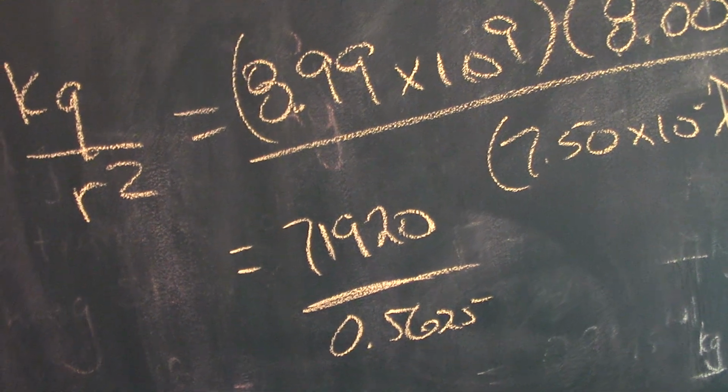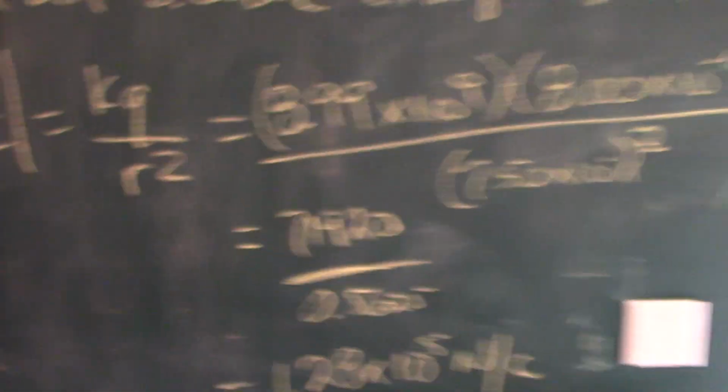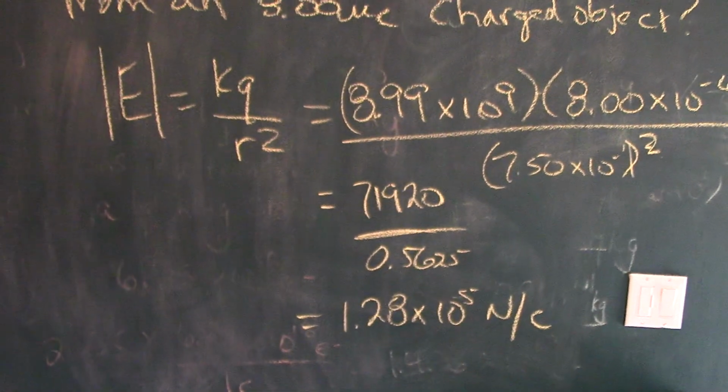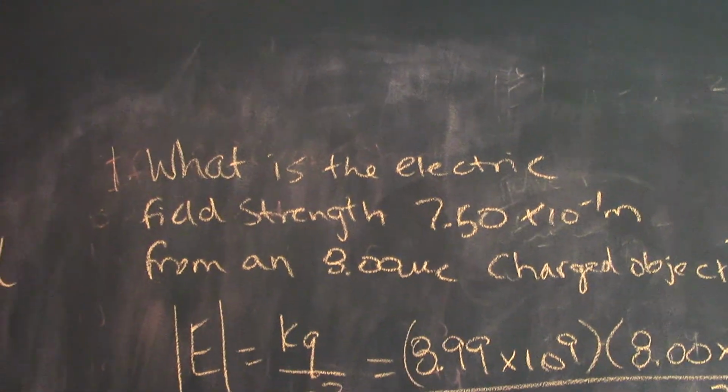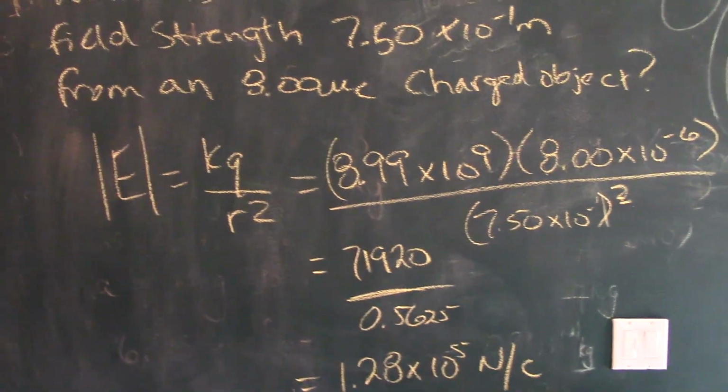And my answer, when I divide that, will be 1.28 times 10 to the 5th newtons per coulomb. Okay, so that's how I would solve an electric field strength question.